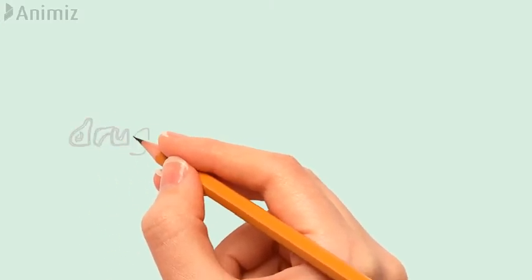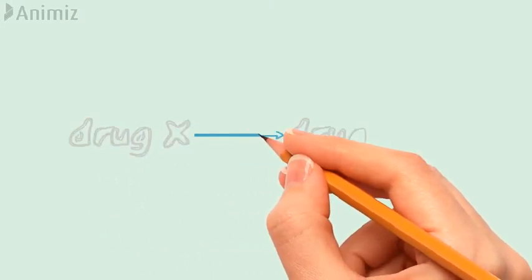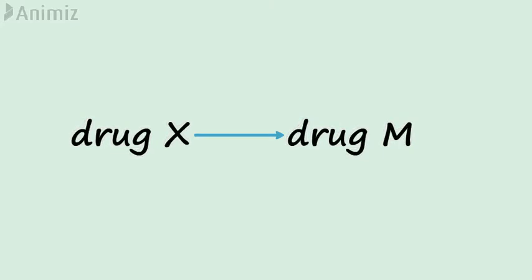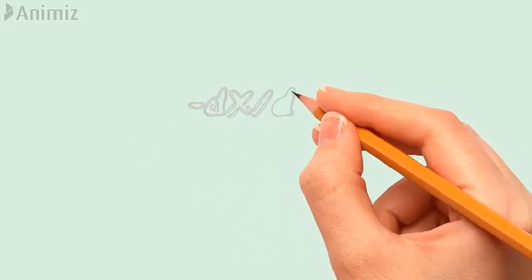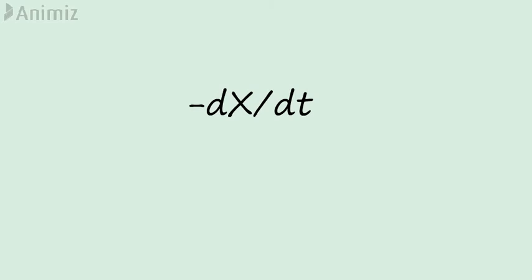Let's consider a reaction for better understanding. We can take drug X changed to drug M. In this reaction, the rate of forward reaction is minus dx by dt. The negative sign indicates that the concentration of drug X decreases with time t.